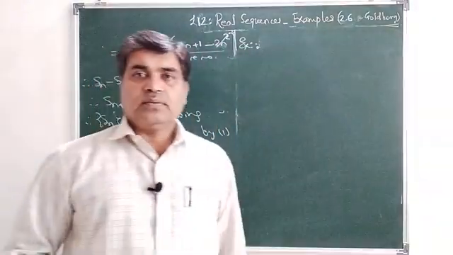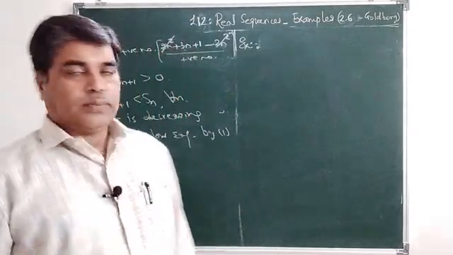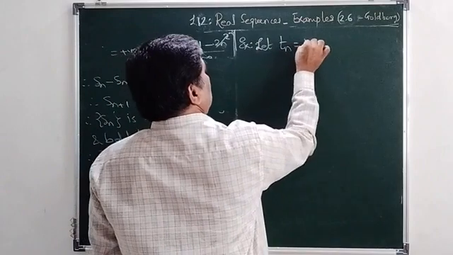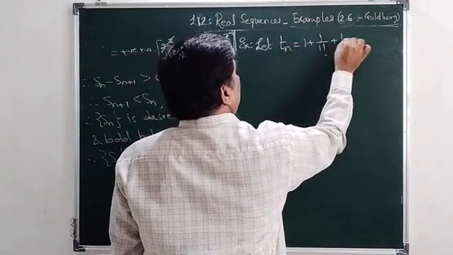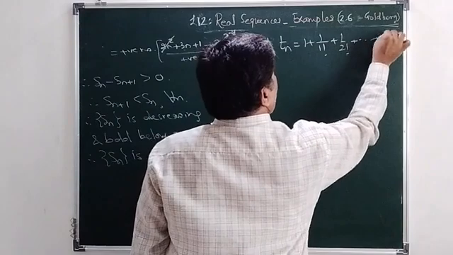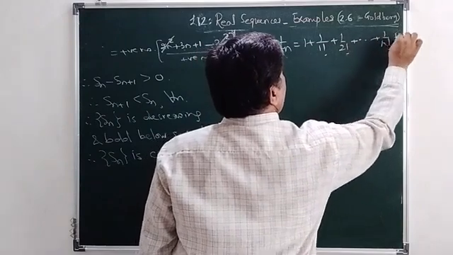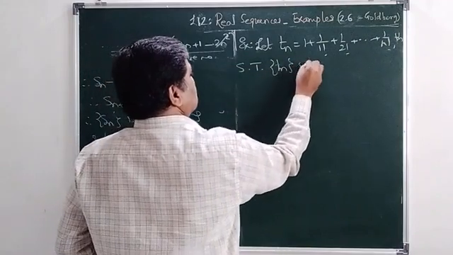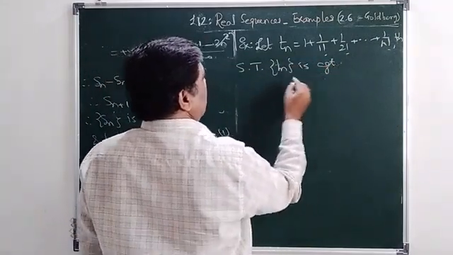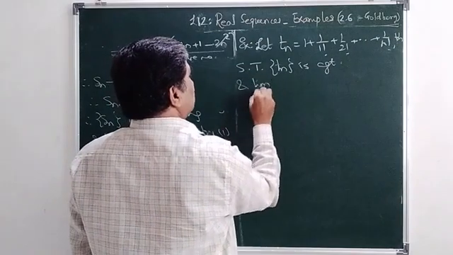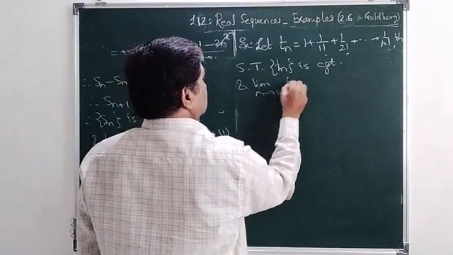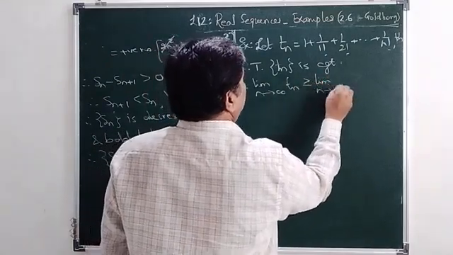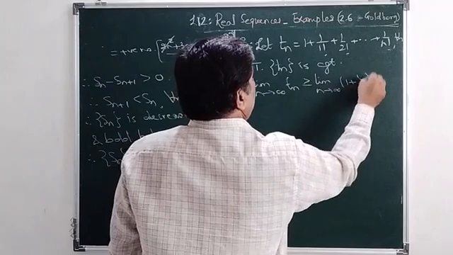Now take the next example. Let Tn is equal to 1 plus 1 upon 1 factorial plus 1 upon 2 factorial plus dot dot dot up to 1 upon n factorial for all n. So that Tn is convergent and limit n tends to infinity of Tn is greater or equal to limit n tends to infinity of 1 plus 1 upon n raised to n.